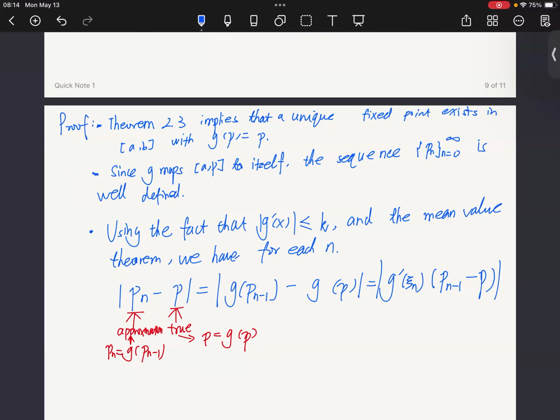From this part to this part, we apply the mean value theorem here. And for Cn, there is a range.